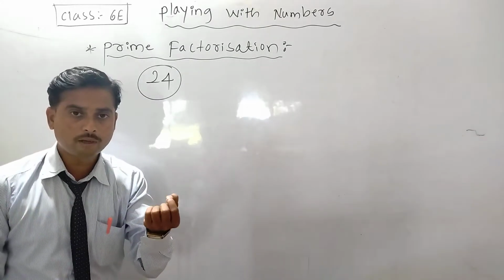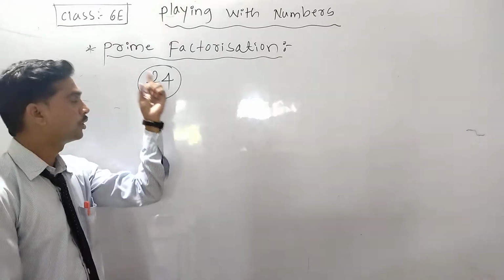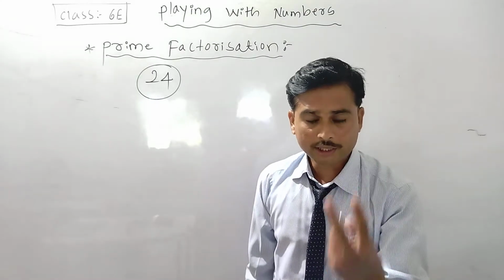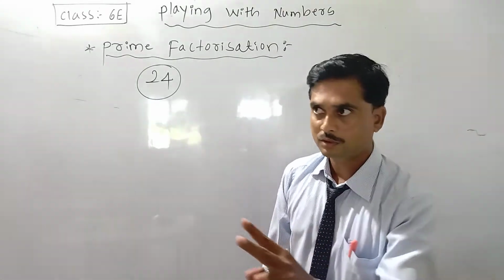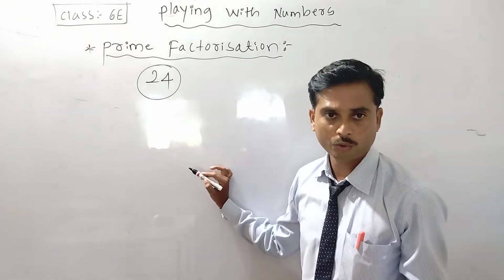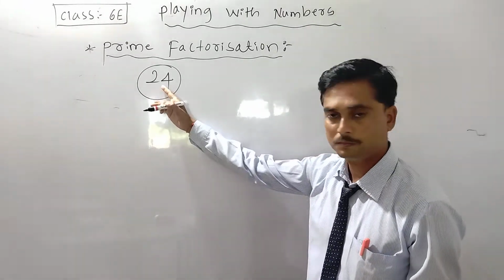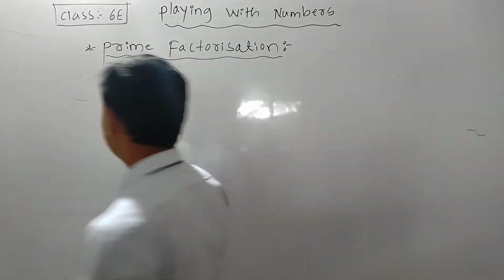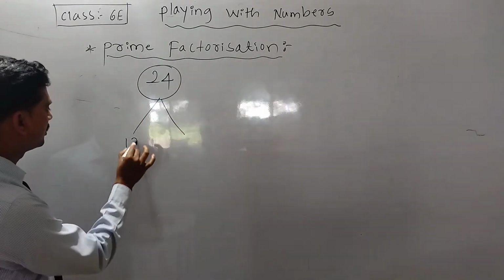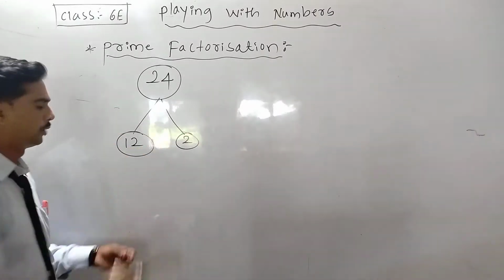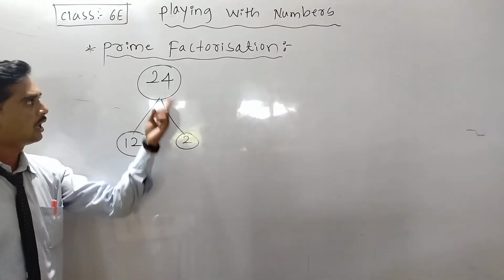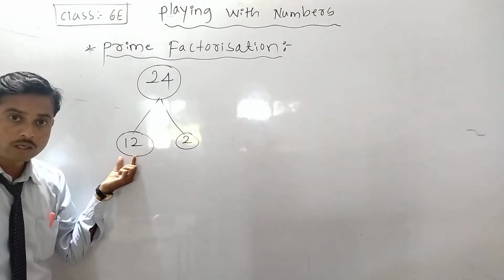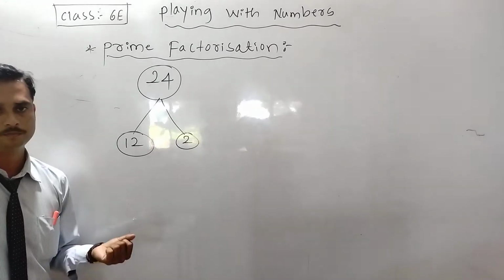Which two numbers' product is 24? Then we are telling, sir, this is the product of 12 and 2. Yes, 12 2s are 24. The 24 is the product of 12 and 2.